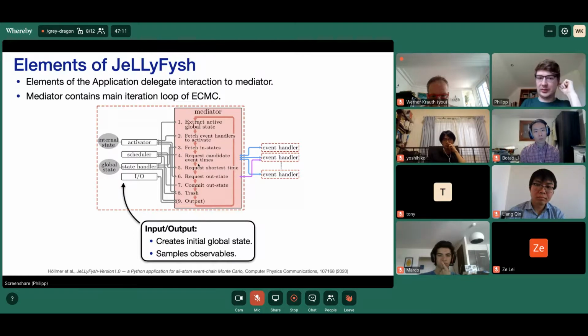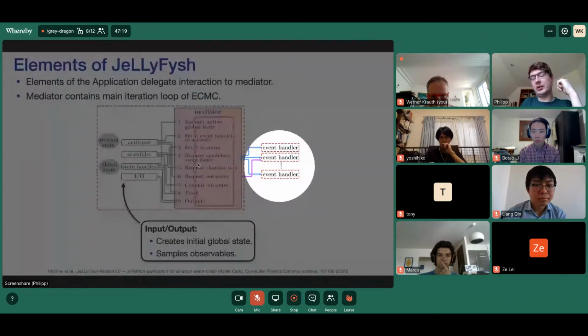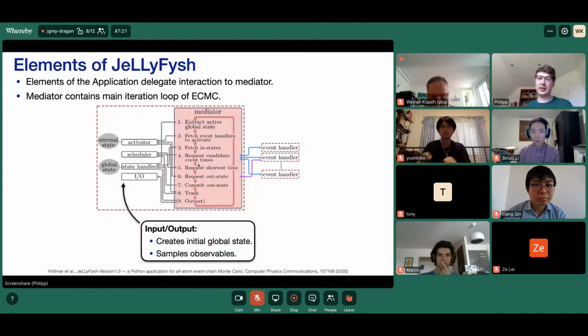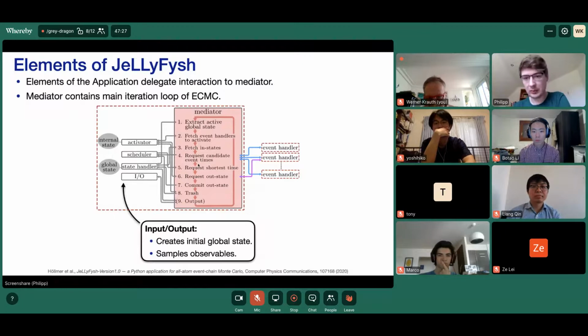These are just the abstract actions, but let me say one more thing. Here on the right, we have our event handlers, which I introduced earlier. As I said earlier as well, in principle, the event handlers compute statistically independent events. So this also means that in principle, we could run each event handler in parallel, on a multiprocessor platform, for example, because then each event handler can just compute an event.